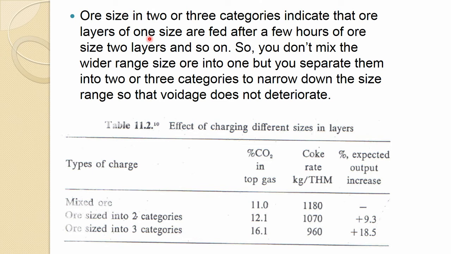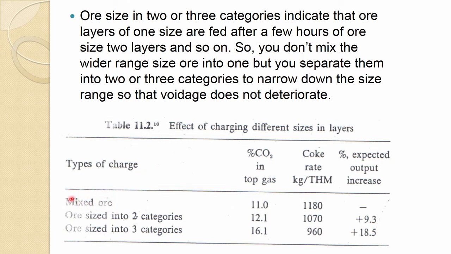Same thing is happening here, because if you have a higher size of particle and then immediately put the lower size one, they will settle in the interstices of the bigger particle, and then will reduce the permeability of the charge, and that will create a problem. So, this shows the effect of that.